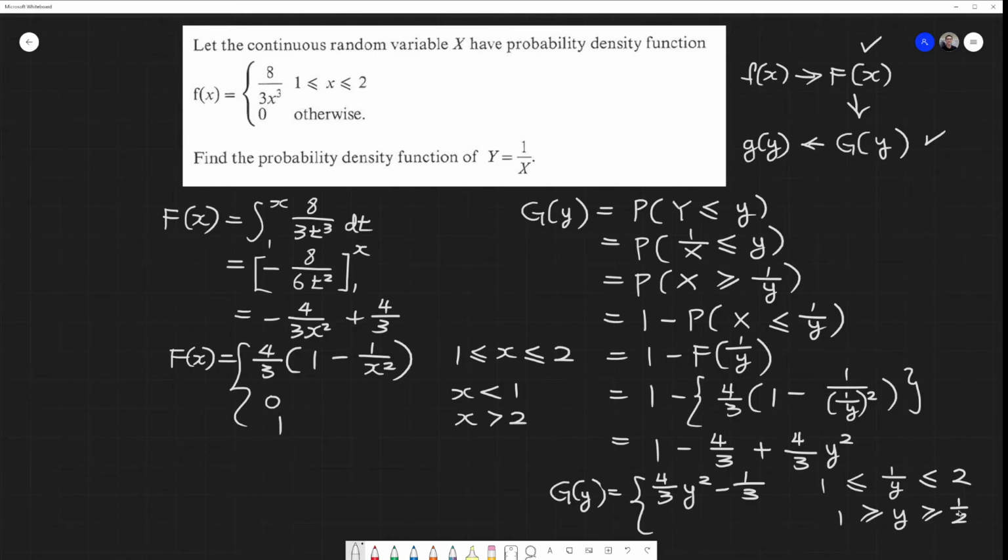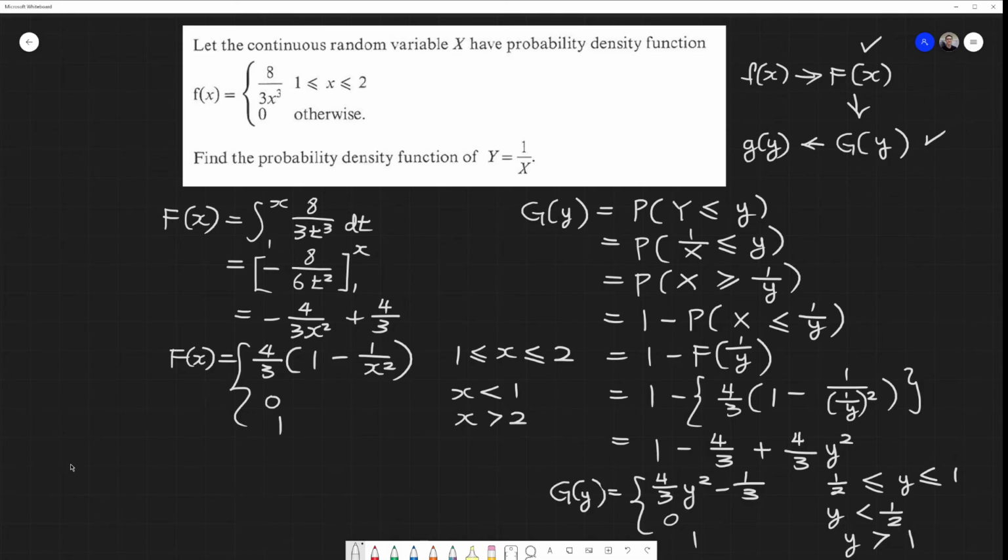But conventionally, we put the smaller number on the left side, so we can rewrite this like so: 1 over 2 here, y here, 1 over there. And done. Next up we have 0 when y is less than half, and 1 when y is greater than 1. So it's now fully defined.